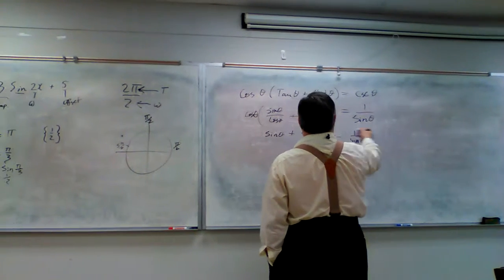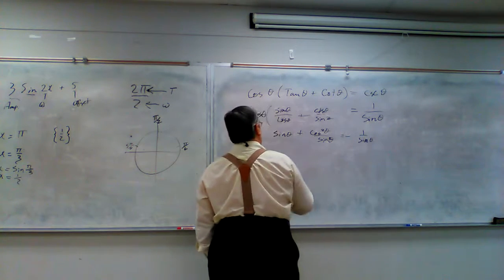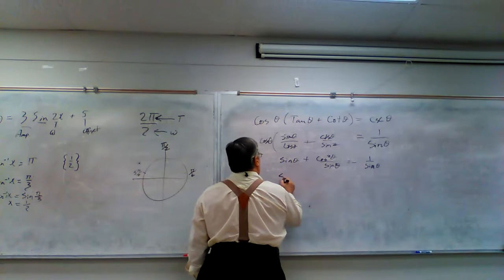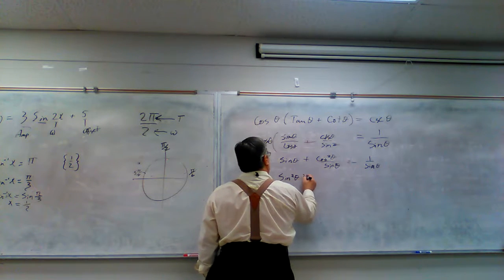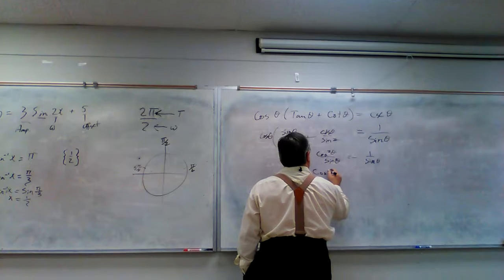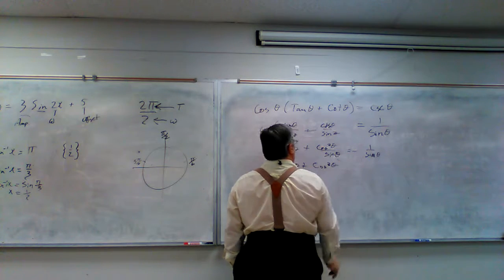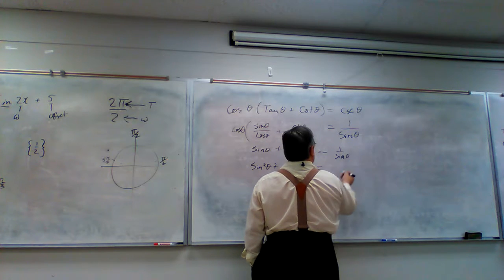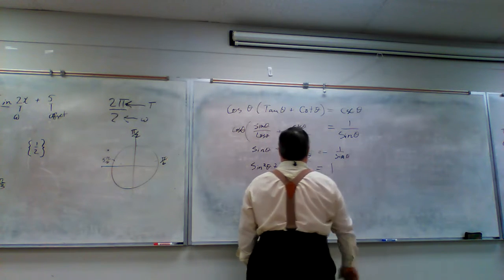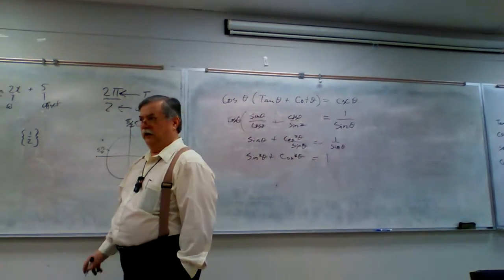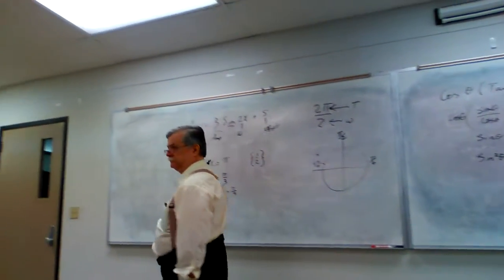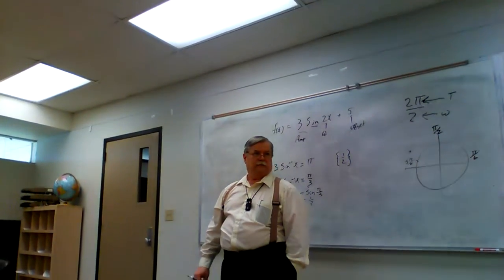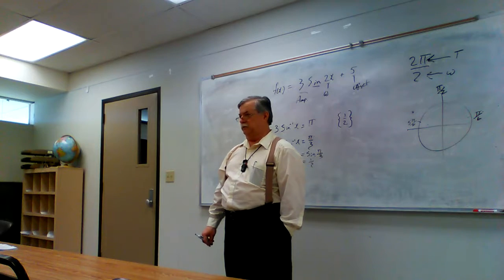So now let's multiply both sides of the equation by sine theta, and we end up with sine squared theta plus cosine squared theta, which canceled out with that bottom sine theta, equal to sine theta over sine theta equals 1. QED, quod erat demonstrandum.